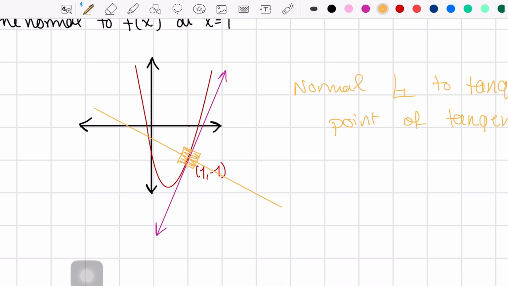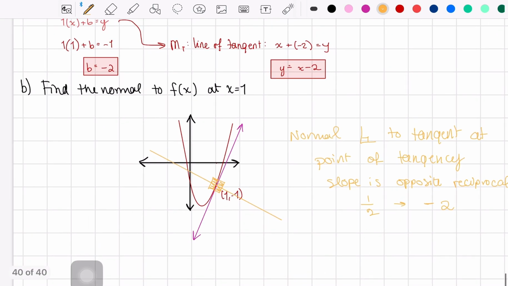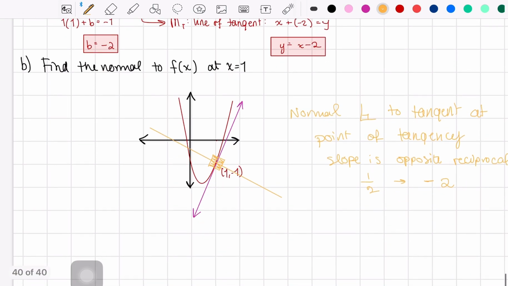Now, if we want to find a perpendicular line, we know that the slope is the opposite reciprocal. So if our slope is 1, the slope of the normal will be -1. Opposite reciprocal. We did need to find the line of the tangent, because now we have to find the normal of it.